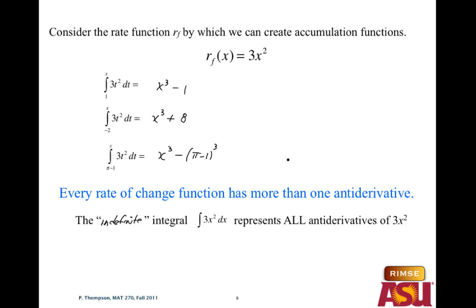What forms do those take on? They all take on the form x cubed minus a cubed, whatever that starting value of a was. So all antiderivatives take on this form, x cubed minus a cubed. And really that minus a cubed is just some constant.